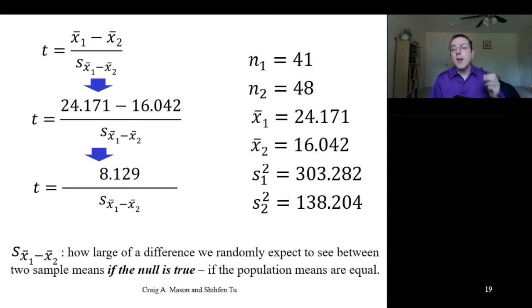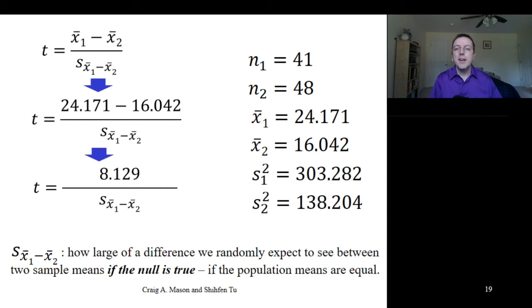The standard error of the difference between means is how large of a difference we would randomly expect to see between two sample means if the null is true, if the population means are in fact equal. It's like the standard error of a mean, that variability we'd expect to see in means, but now it's the variability we expect to see in differences between means.